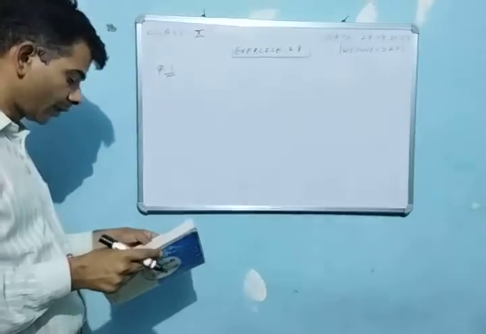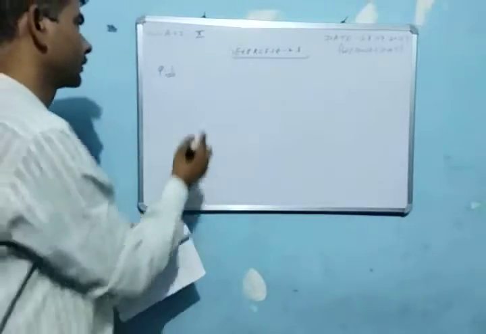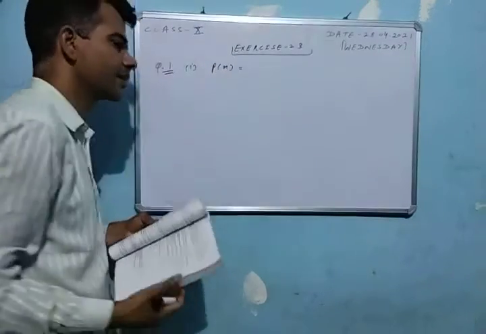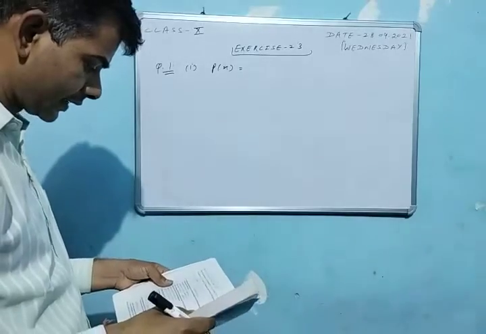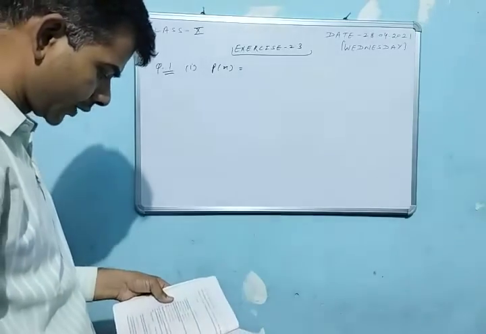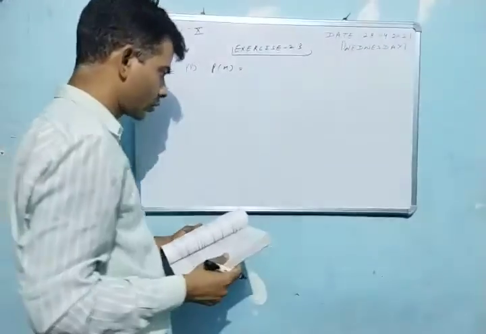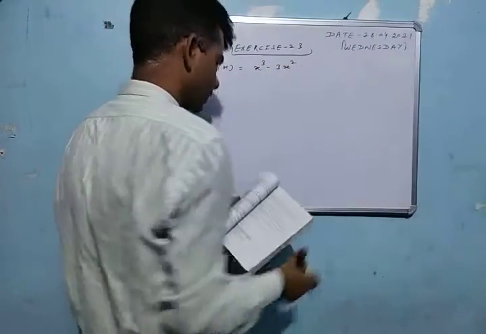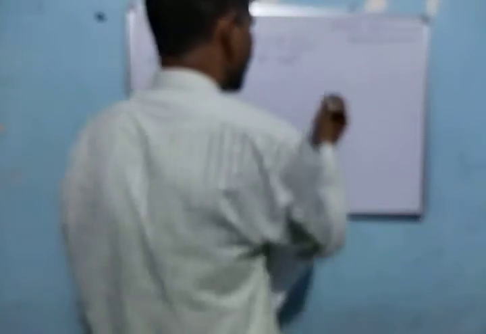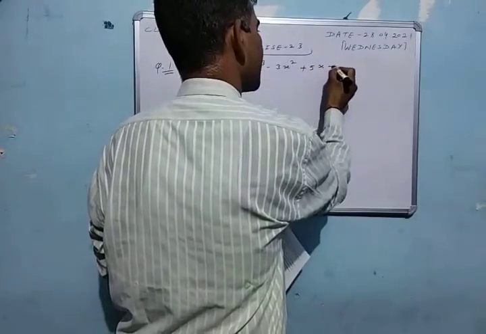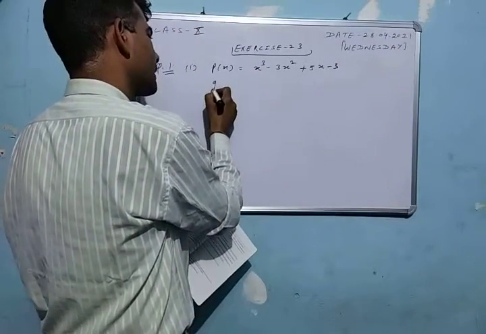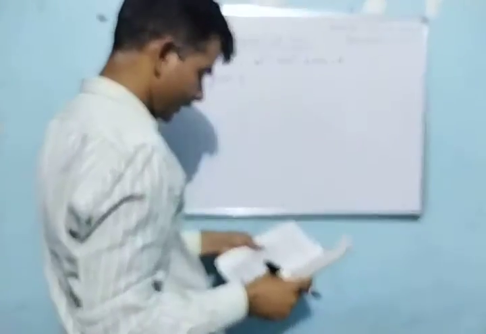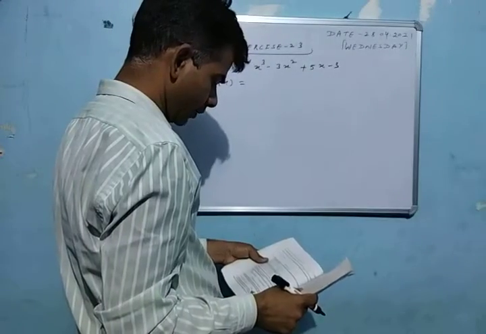Here p of x is x cube minus 3x square plus 5x minus 3, and g of x is x square minus 2.